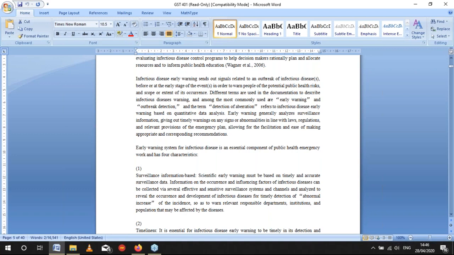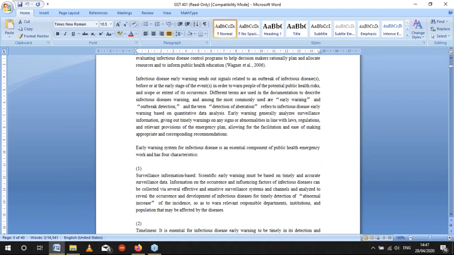It is a way of bringing about early warning signs to people. It is a method applied, and that's why they call it early warning system. A method applied in giving warnings as against an outbreak.